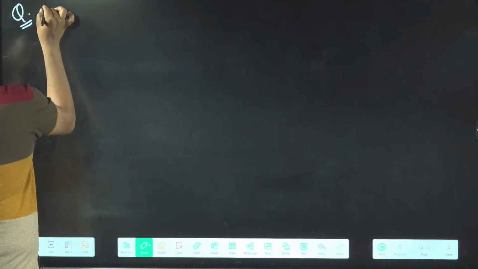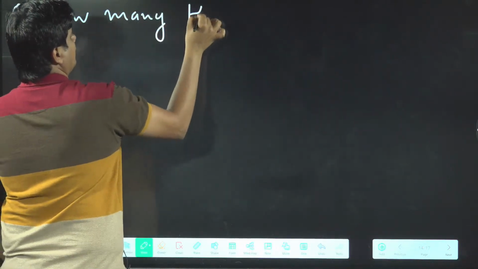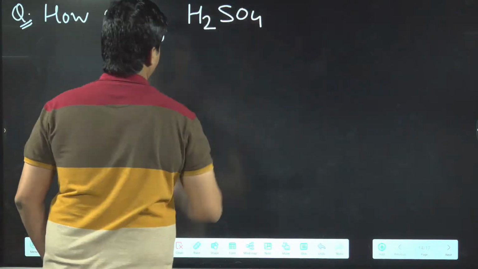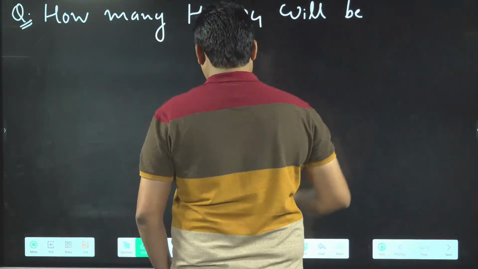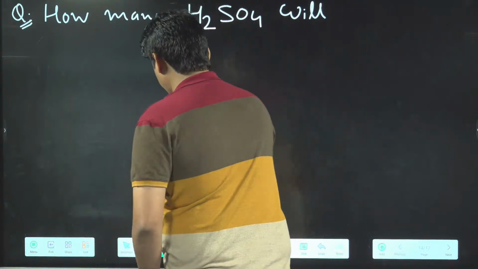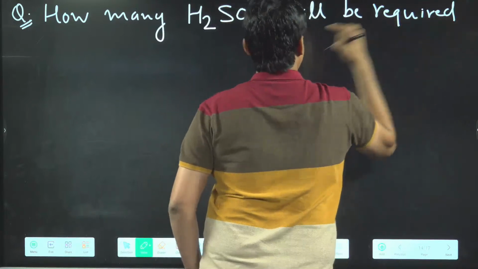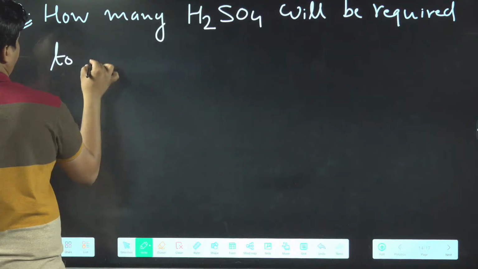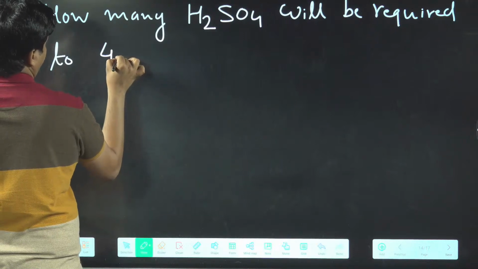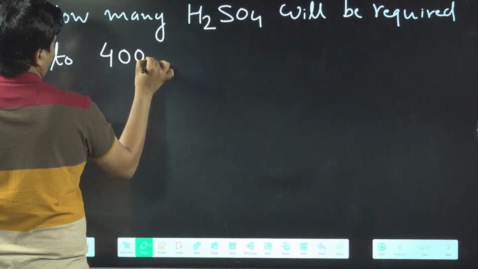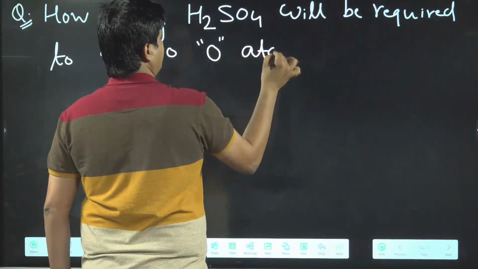A question is given: how many H2SO4 will be required to have 40,000 oxygen atoms?